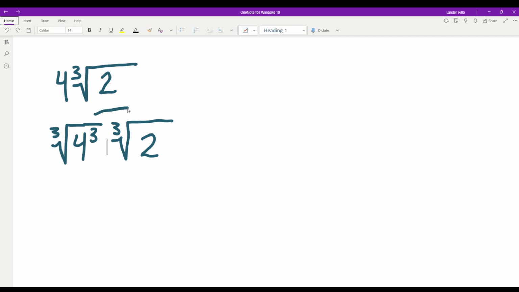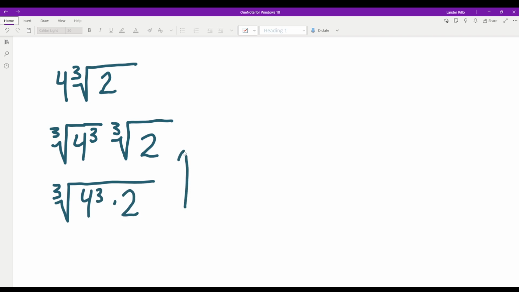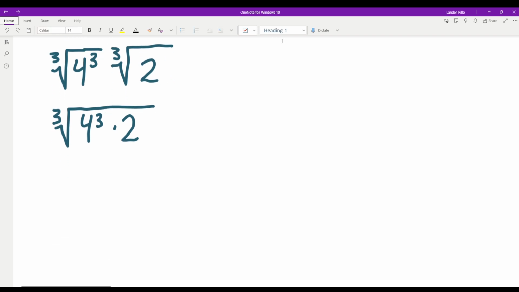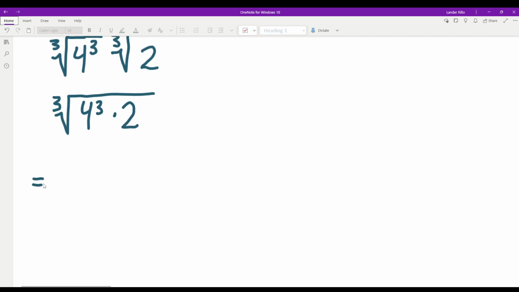And now you can put it inside now. They're both the same. Cube root inside the bigger 4 cubed times 2. Usually if you do the reverse process, you would split them up because they're both being multiplied. And then you would get 4, that is 81.